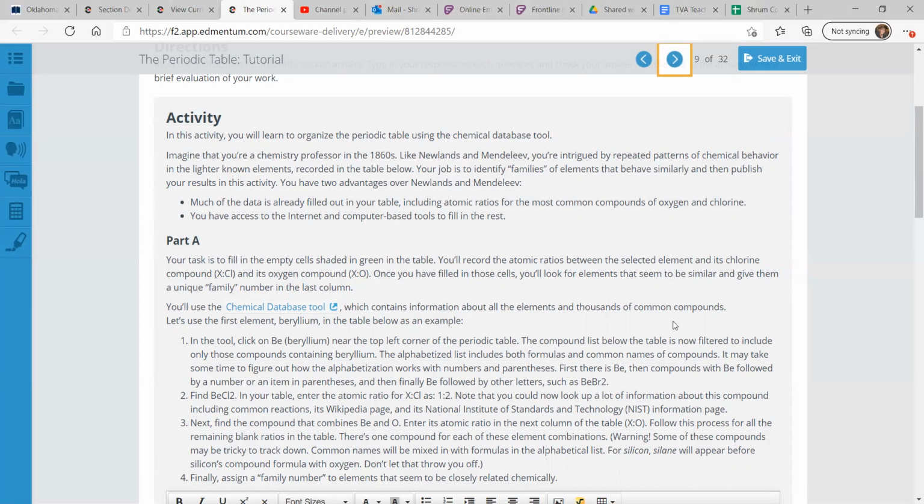And your job is to identify families of elements that behave similarly and then publish your results in this activity. We do have two advantages over Newlands and Mendeleev. Much of the data is already filled out in your table, including atomic ratios for the most common compounds of oxygen and chlorine. You have access to the internet and computer-based tools to fill in the rest.